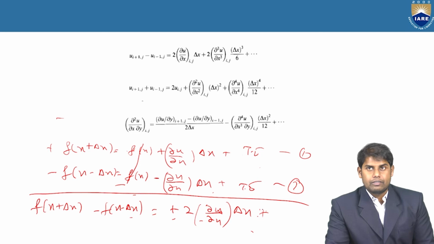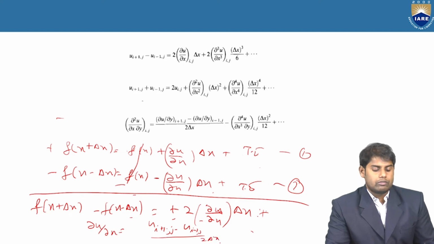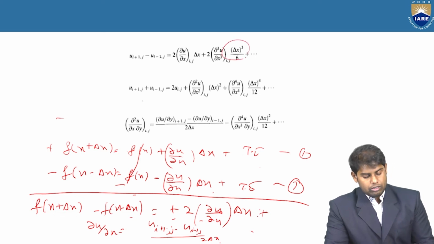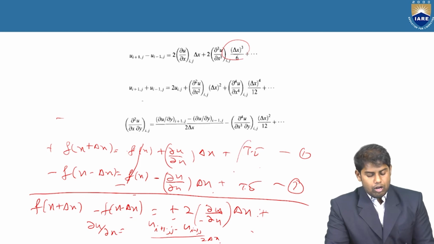So finally the formula for the central difference is u of I plus 1 comma j minus u of I minus 1 comma j divided by 2 delta x. Here the order of accuracy would be delta x square. Why? Because when we subtract, the even terms get cancelled and the odd terms remain, so the order of accuracy is delta x square.